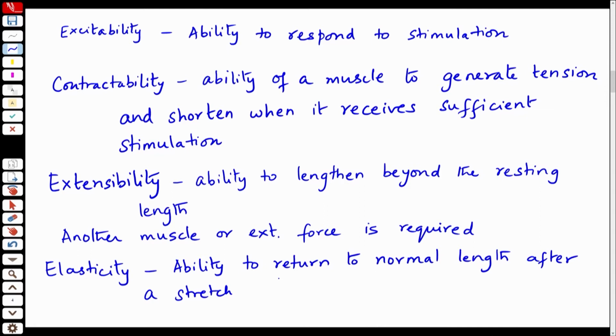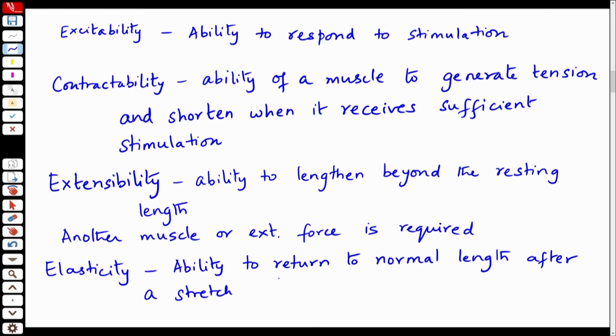The actual muscle fibers which do the contracting, they do not have this elasticity. So, they are not responsible for the elasticity of the muscle. The surrounding soft tissue, the connective tissue, is what provides the ability to come back to its original length.